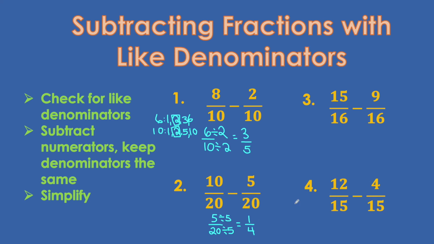Let's look at number 3. We have 15/16 minus 9/16. Check for denominators and see if they're the same. They are, 16 in the first fraction, 16 in the second fraction. Then we subtract our numerators. 15 minus 9 equals 6.